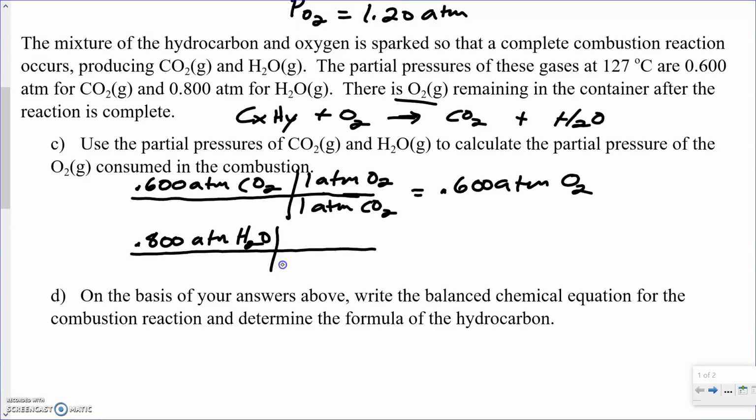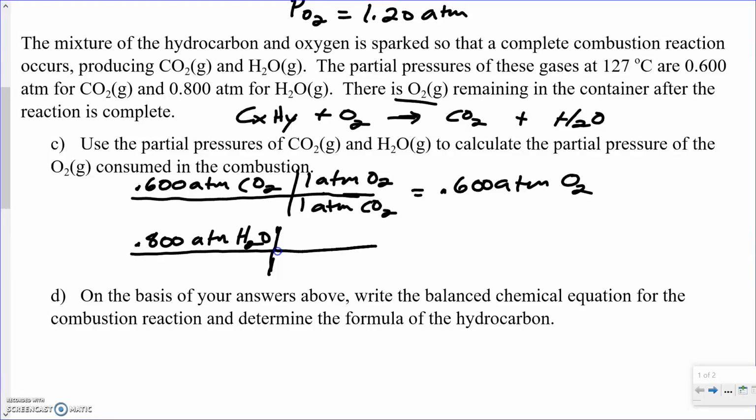atms water. We can do this one of two ways. We can say for every 1 atm water, we only have 1 oxygen, so we only need a half atm of O2. Or I prefer not to deal with fractions, even though it ends up being the same thing regardless.